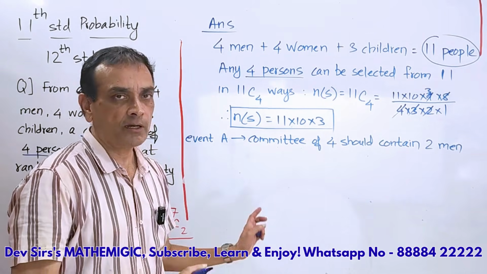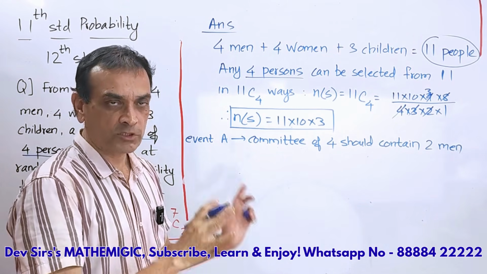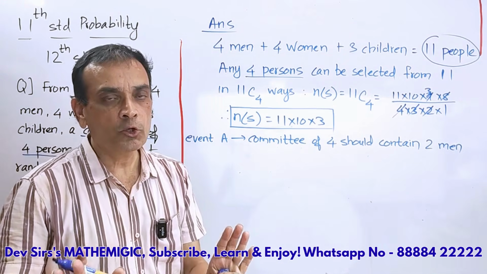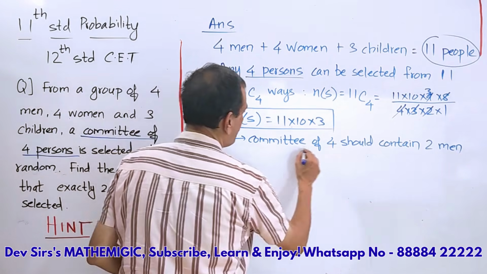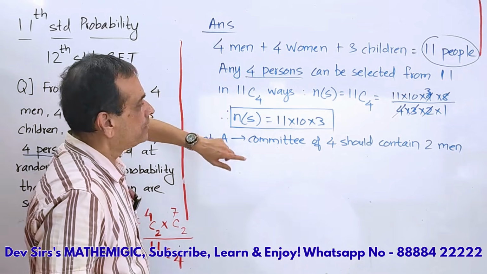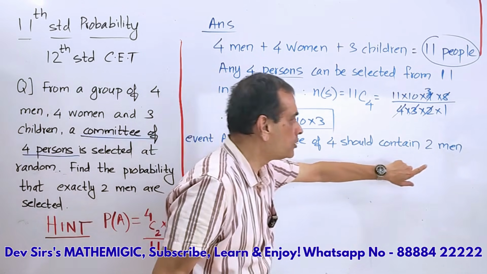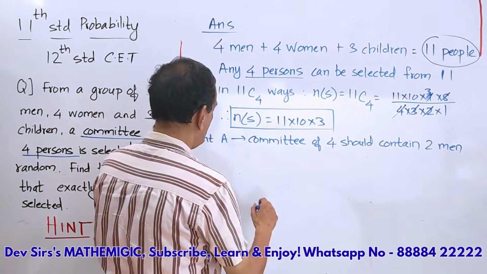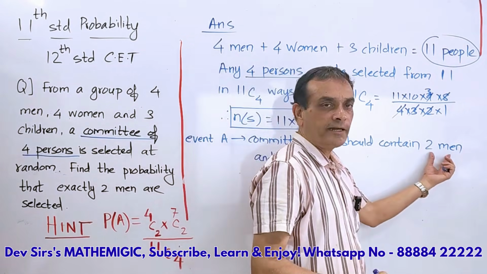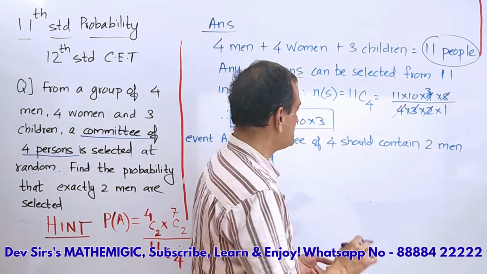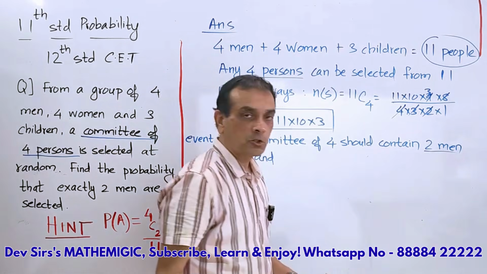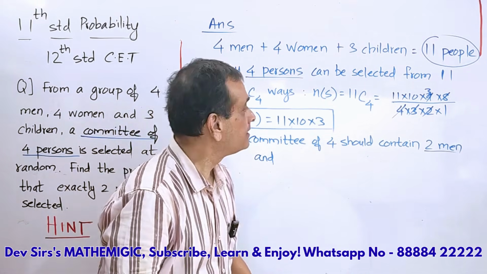Now first of all, we are finding out the number of possibilities. A committee of 4, this is important. We need only 4 people in the committee. So a committee of 4 should contain 2 men, so this is more simple now. 2 men and, after selecting 2 men, the remaining 2 persons out of the committee of 4 are also needed.